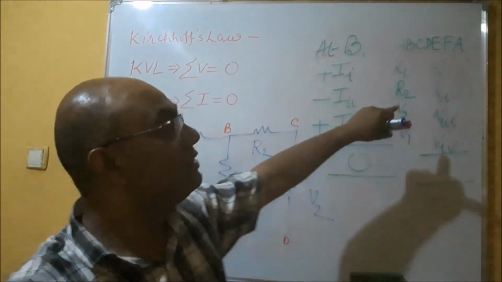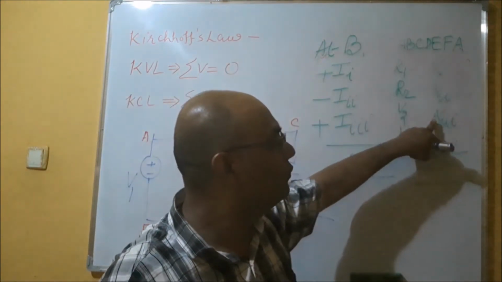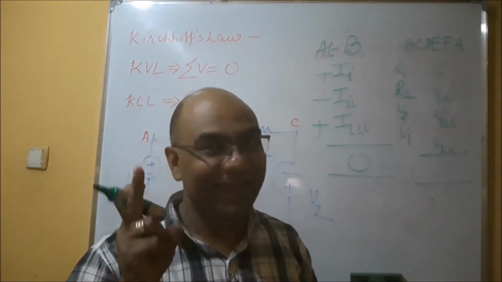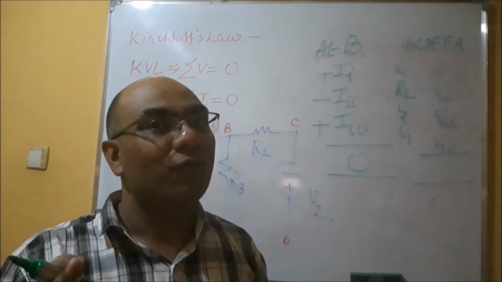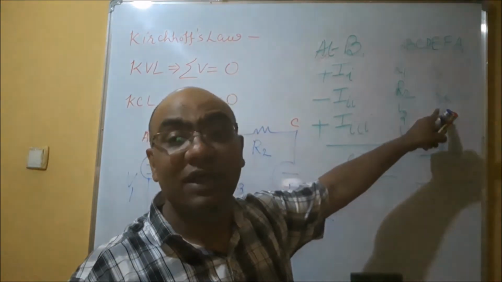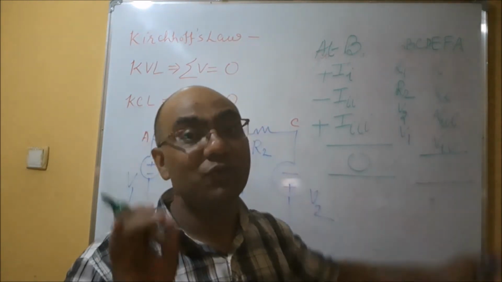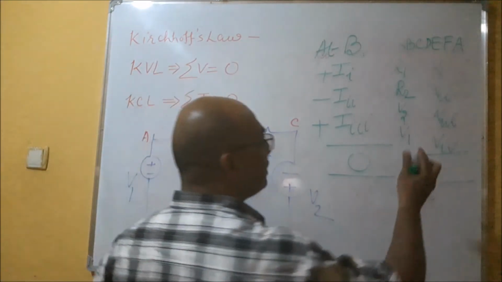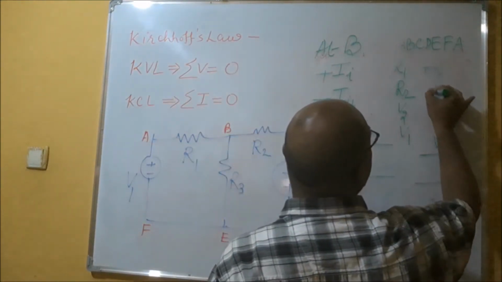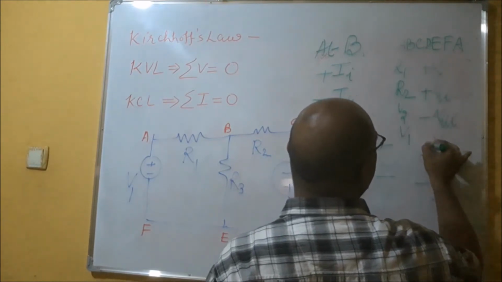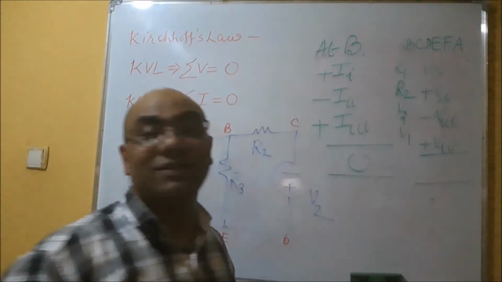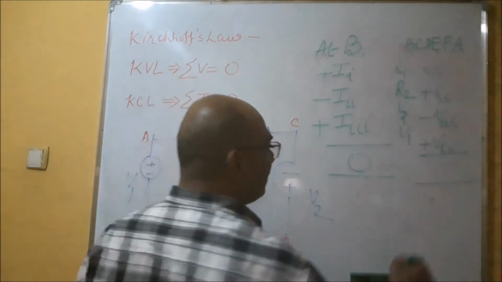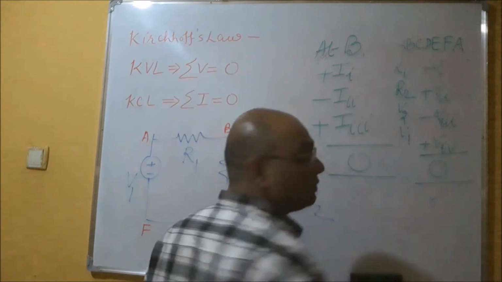So V1, V2, V3, V4 we will add algebraically. Algebraically means we have to take the polarity of the voltage, either positive or negative. For example, I am supposing this is positive, this is positive, this is negative, this is again positive. Now do the algebraic sum and it should be 0.